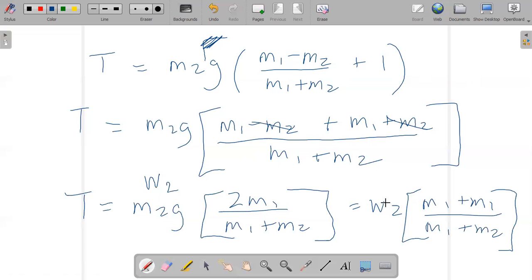Okay, so T is bigger because M1 is bigger. So this factor is bigger than 1. So T is bigger than the weight of 2. And we just know that because whether it's going down or going up, T has got to be bigger because it's pulling that up. All right. That was 4.7.